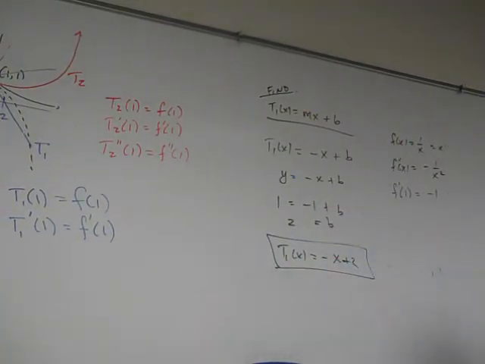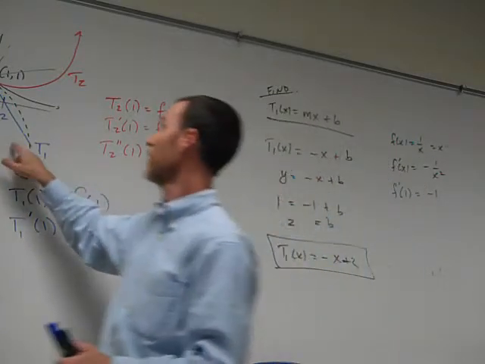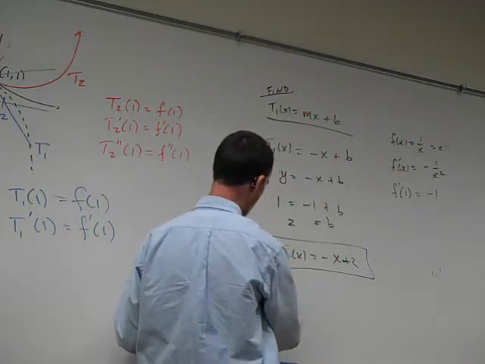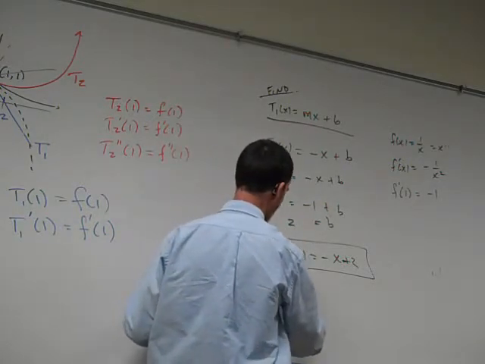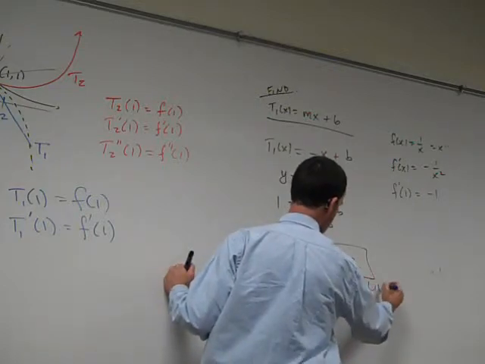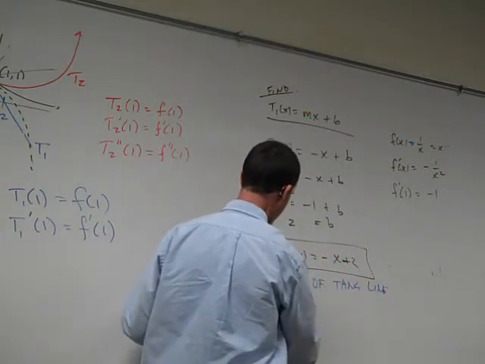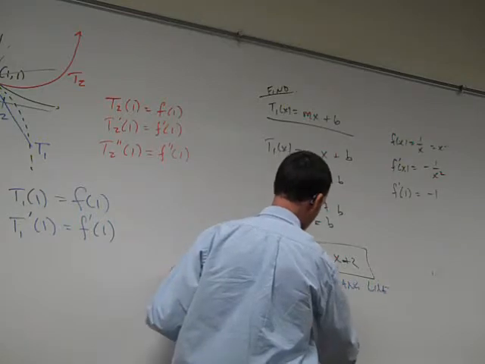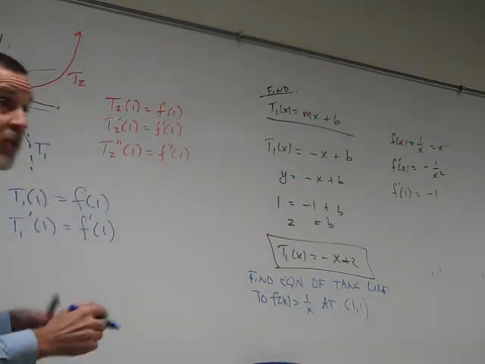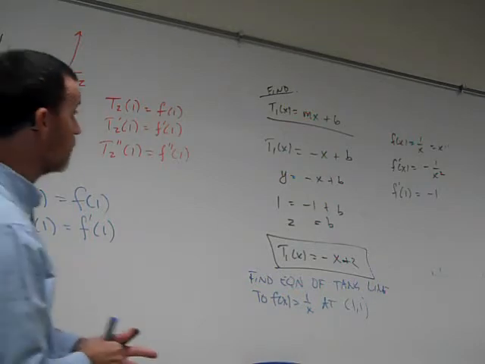All I'm doing is a Calc 1 problem, right? Find the equation of the tangent line to this function at this point. So the way this would have been phrased in Calc 1 is find the equation of the tangent line to f of x equals 1 over x at the point 1 comma 1. So you take the derivative of the function to find the slope.